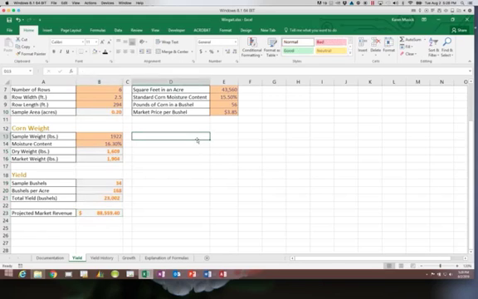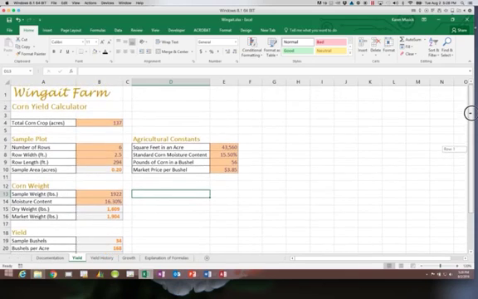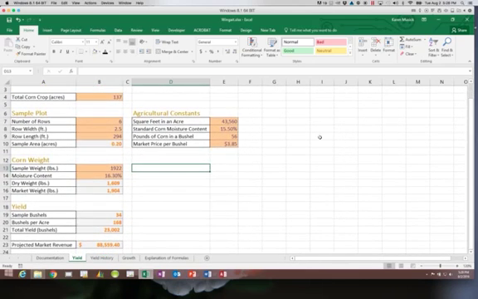Then we'll click on another cell just to remove that highlighting. And you can see that all of the places we have to enter data are highlighted with a fill of orange and a grayish text. And the others, the calculations that we shouldn't change, are highlighted grayish with an orange text.